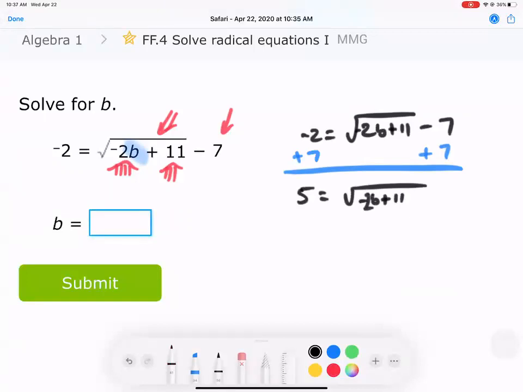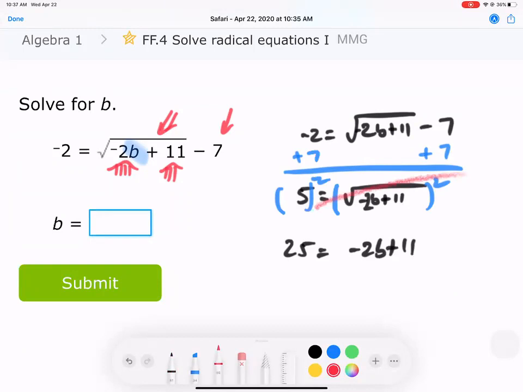Now how to get rid of the next thing, the square root. The opposite operation of a square root is a square. This becomes 25 equals -2b plus 11. Because the square root and the square, I mentioned this before, cancel each other out, so we don't write it anymore. It's gone.